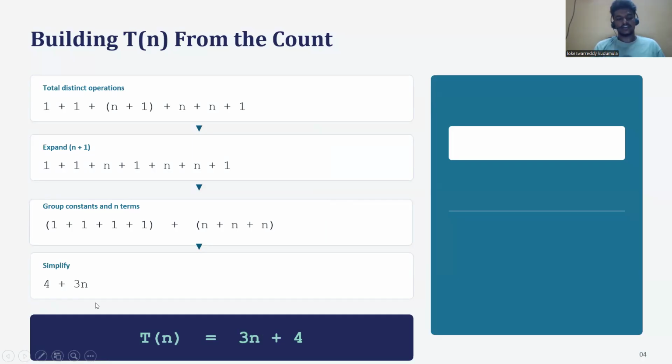So T of n equal to 3n plus 4. This is the exact count. For this example program, the exact time complexity is T of n equal to 3n plus 4.